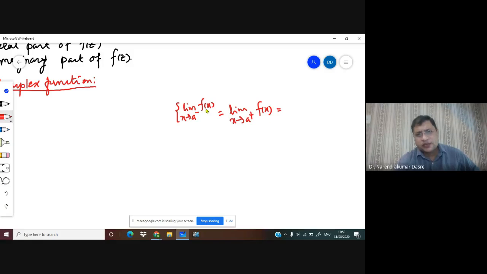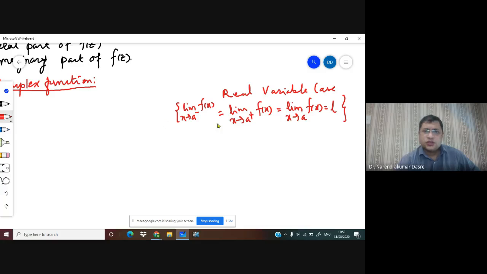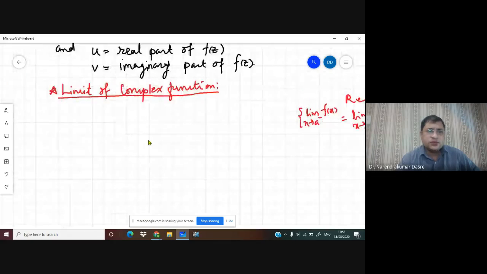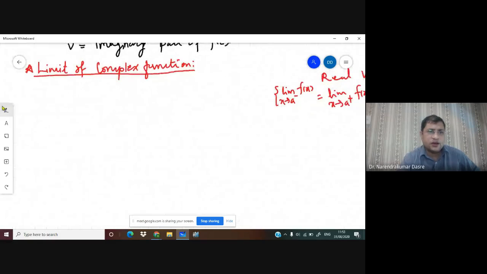And if this happens, that the left limit is equal to the right limit, then we say the limit of f of x exists at x equal to a, and the limiting value we call L. So this is the real variable case. Now, what do we have in the complex variable? This is all written in terms of epsilon and delta. So how do we write it?